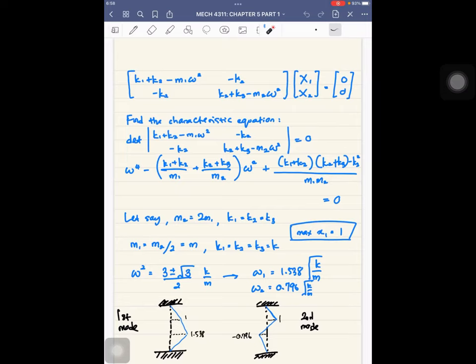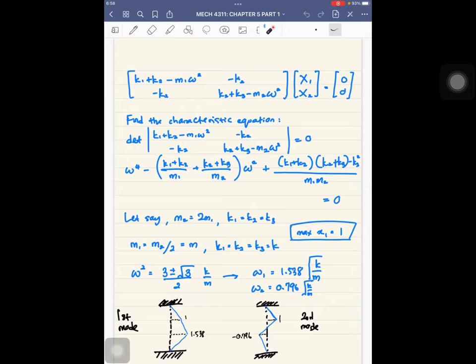So for the first mode, for example, we already determined the maximum amplitude for x1 is 1, so we can draw from the fixed point towards 1, right? And then the first mode is 1.538, so you go up here to 1.538 and back to the bottom, 0. So here it's sort of like one wave shape, right? Okay, so that is for the first mode.